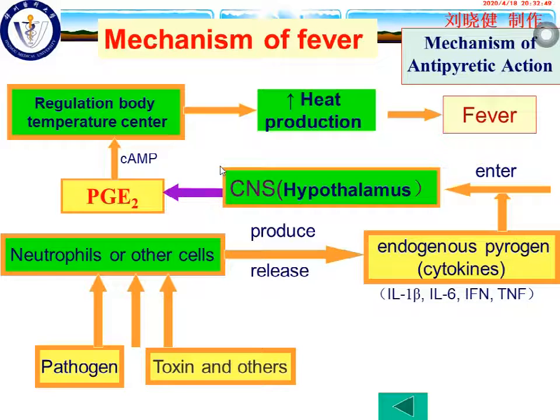These drugs lower body temperature in patients with fever by inhibiting prostaglandin E2 synthesis and release, and these agents essentially reset the thermostat. These are the antipyretic effects.